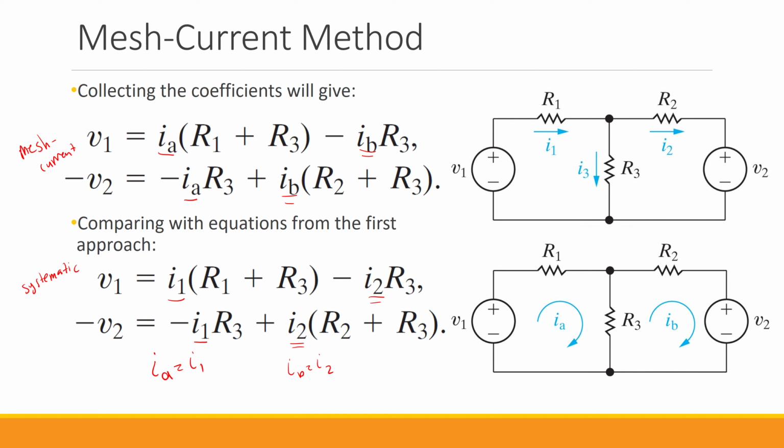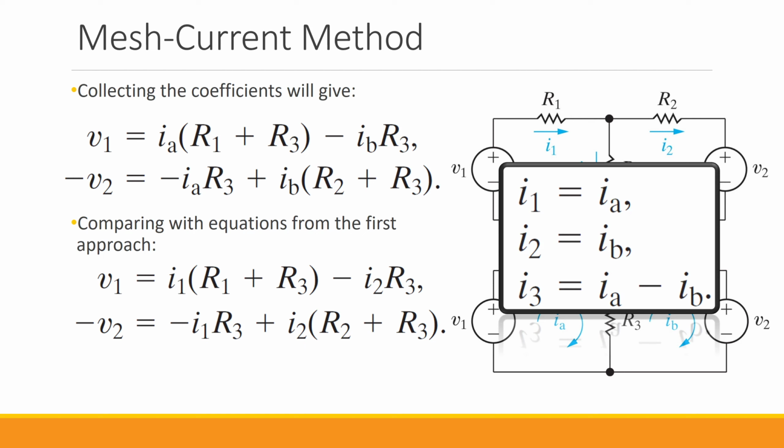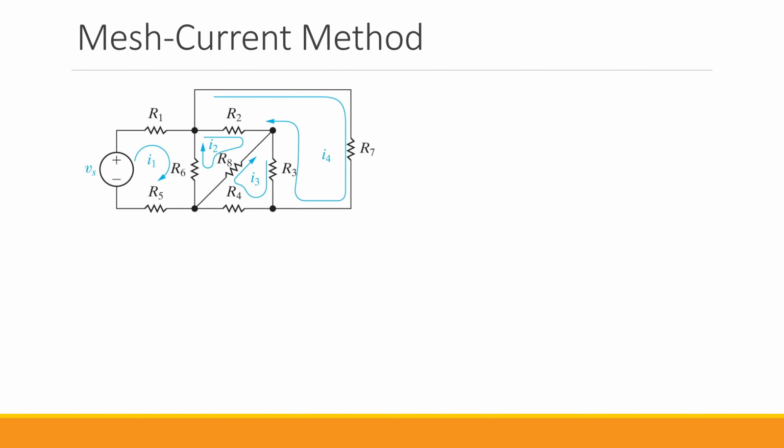If we have more and more complex circuits, then the reduction in the number of equations that we need to write is going to be even greater. So these are the conclusions that we had based on comparing these two techniques.